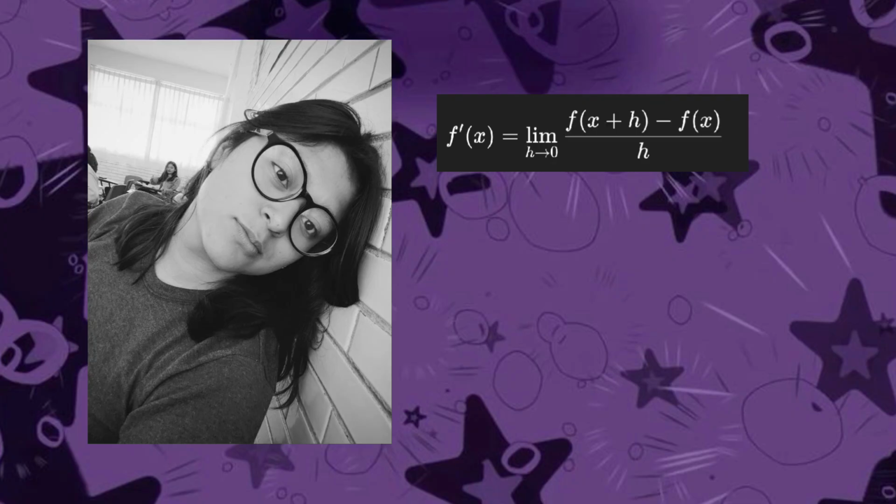This definition is essential for understanding the meaning of derivatives, but using it for every calculation will be very slow. For this reason, mathematicians developed a set of rules known as derivative theorem that make finding derivatives much faster.